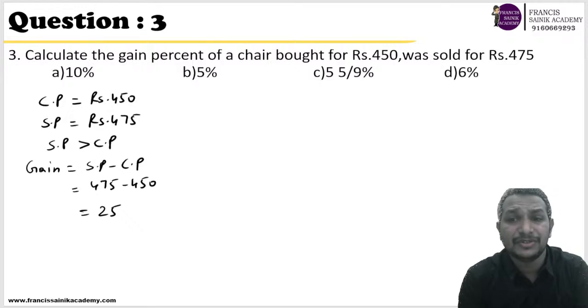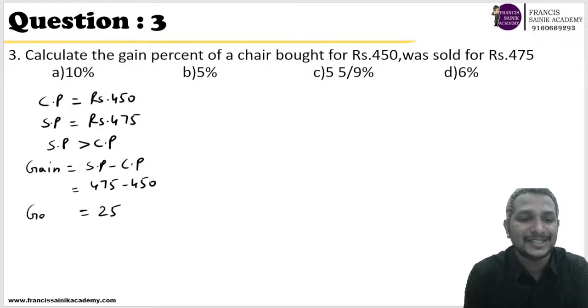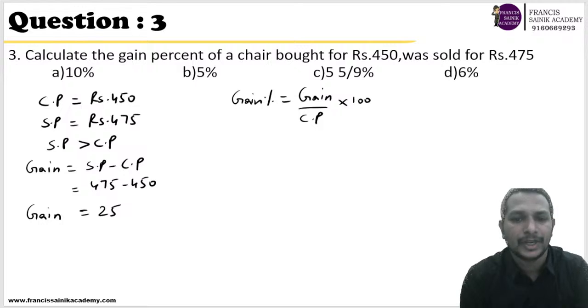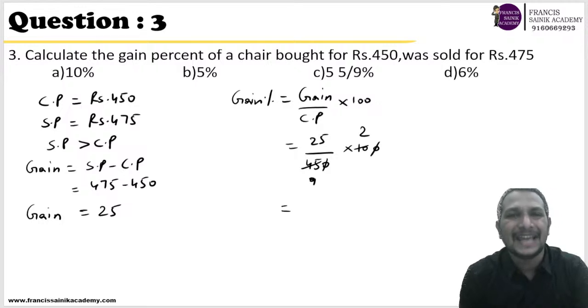But they're asking us to find the gain percentage, right? According to the formula, gain percentage is gain by CP into 100. We got the gain as 25 and the cost price as 450, into 100. We can cancel: 5 nines are 45, 5 twos are 10. We can't cancel further, right? So 25 multiplied by 2, that is 50 by 9.